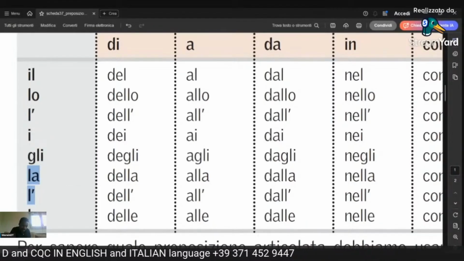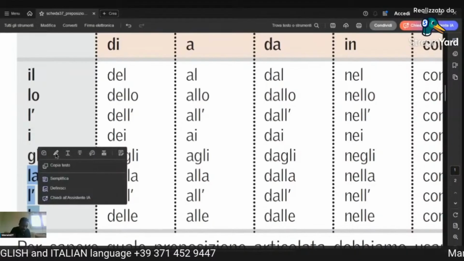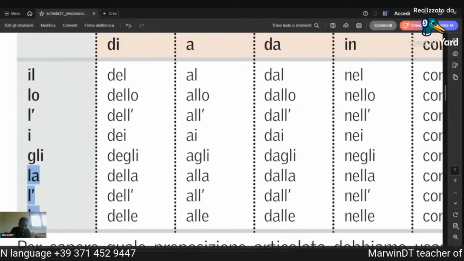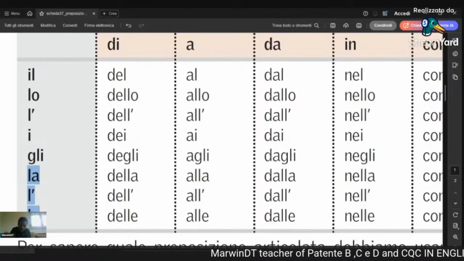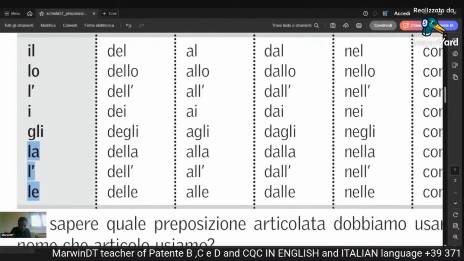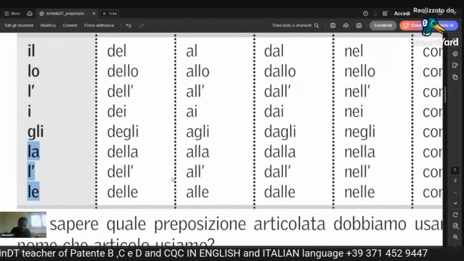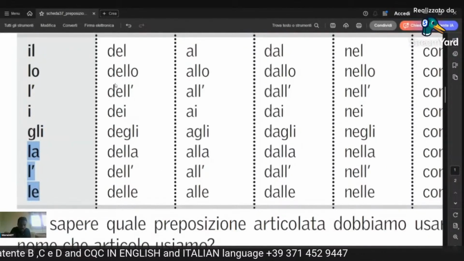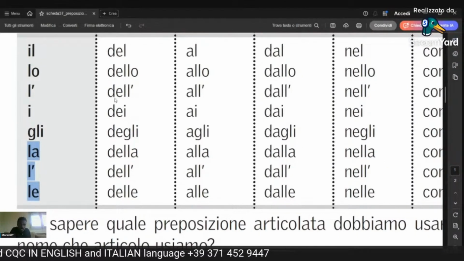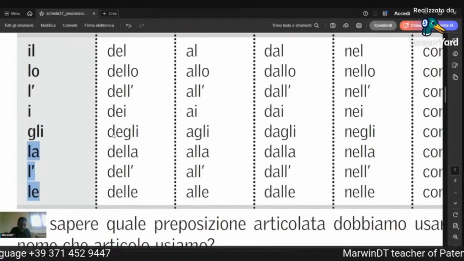Then we have le. Let me shift it a little bit. And we have le at the bottom. So it starts with il, lo, l apostrophe, i, gli, la, l apostrophe again, and le.